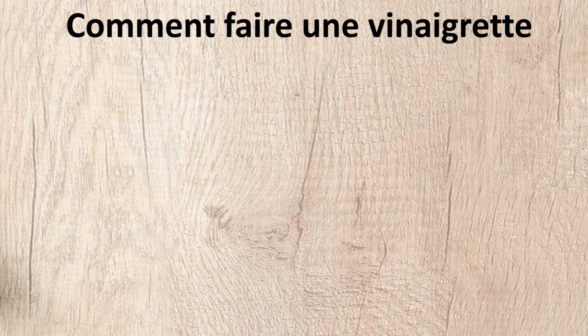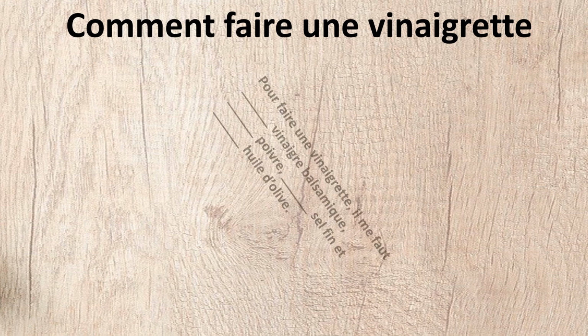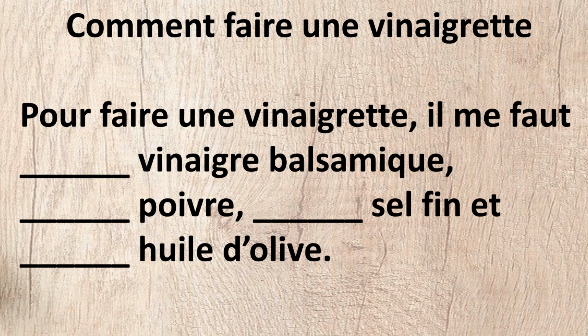This is the recipe for my French dressing. Comment faire une vinaigrette? Another exercise for you. Pour faire une vinaigrette, il me faut vinaigre balsamique, poivre, sel fin et l'huile d'olive.